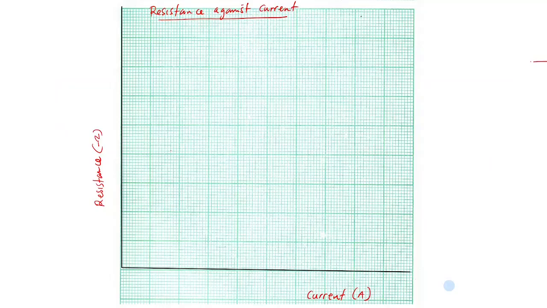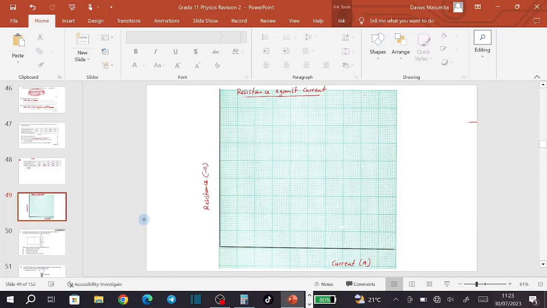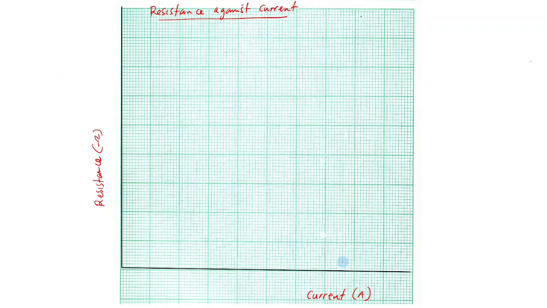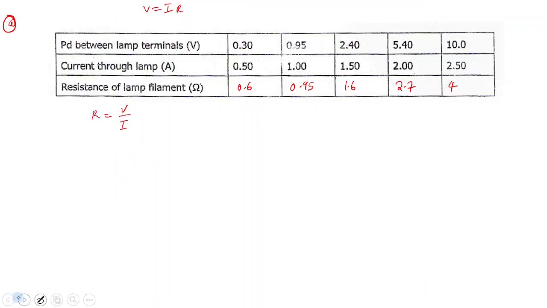Then I'll start the plotting. So I'll come to check for my data, which is this. So current is from 0.5 to 2.